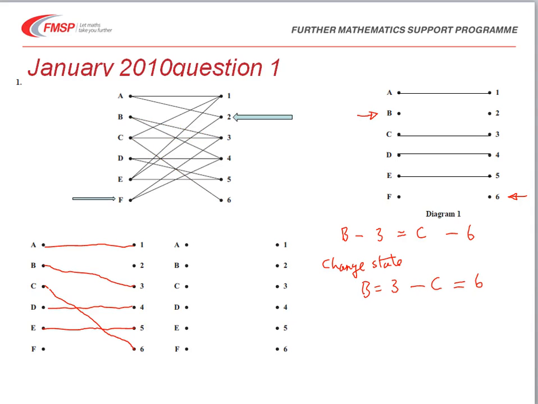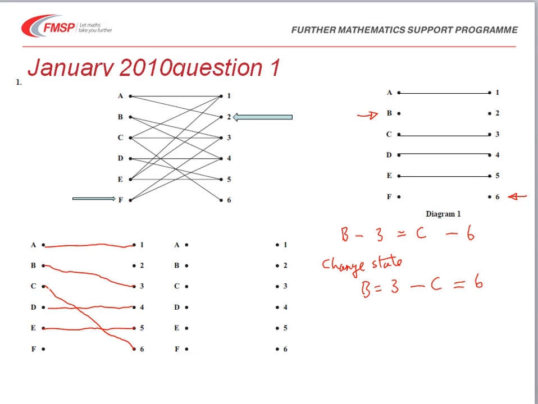Now looking at our new matching, we can see that F is not allocated to anything, and neither has 2 been allocated to somebody to do it. So we need to find an alternating path, this time starting at F and finishing at 2. Again, there are lots of possibilities, but remember that it's got to be an alternating path.